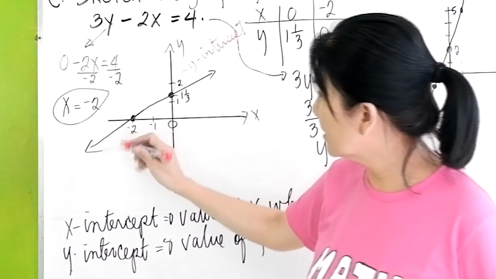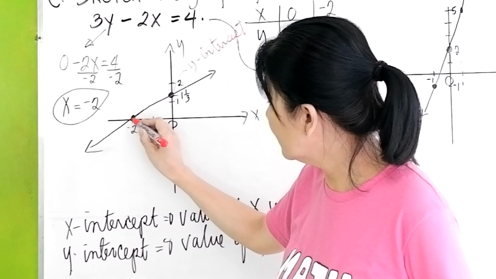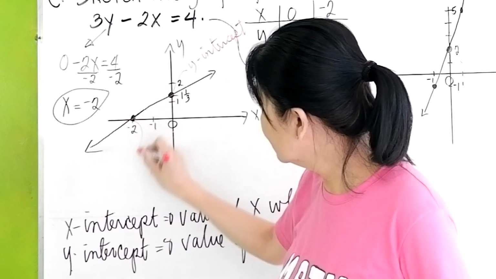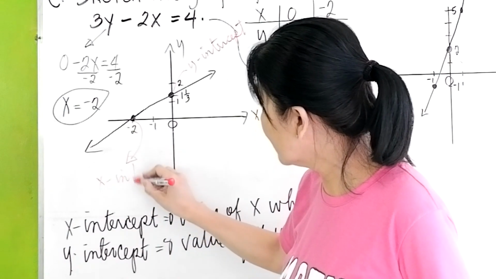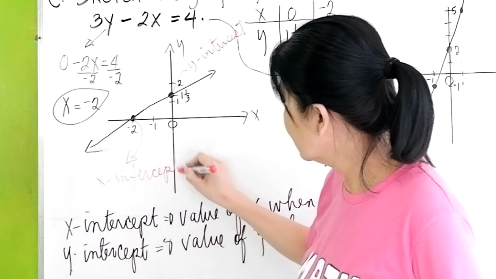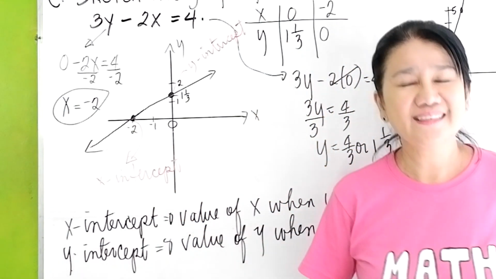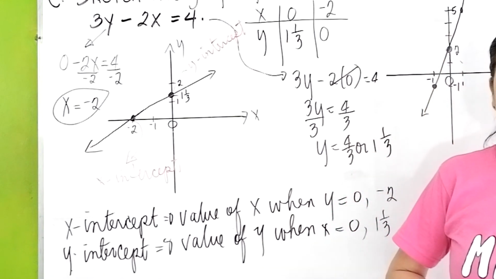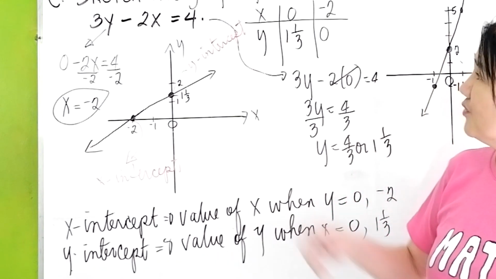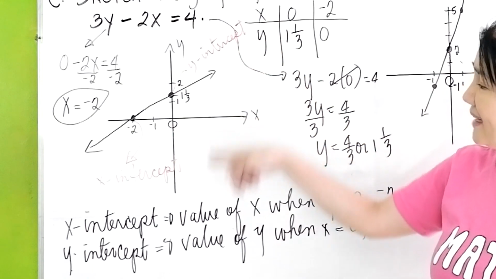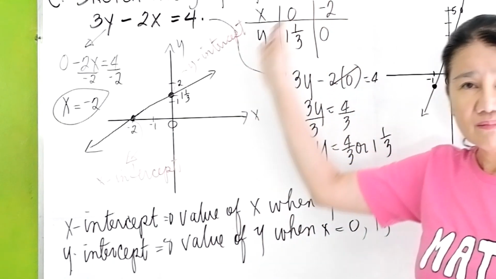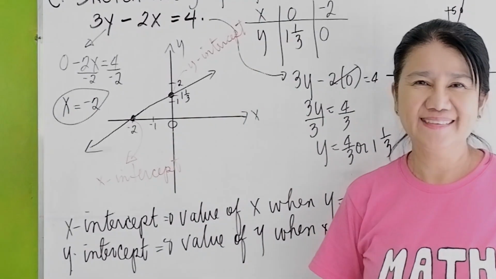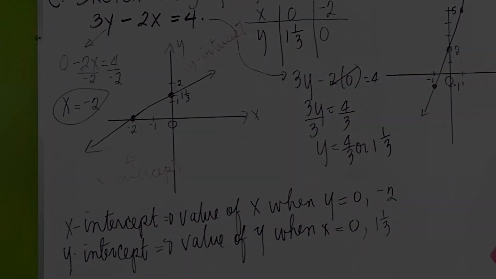As you can see here, this is where your line intersects the x-axis. There. So now you can see that it is easier if you use the x and the y-intercept to plot the line. Let's move to the fourth example.